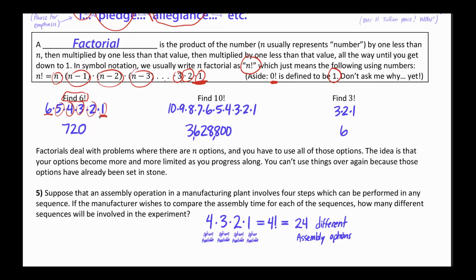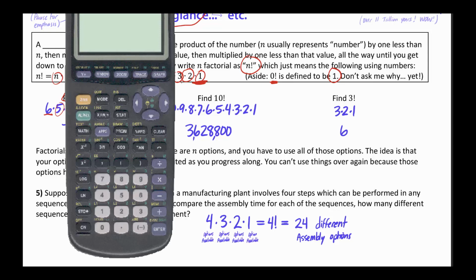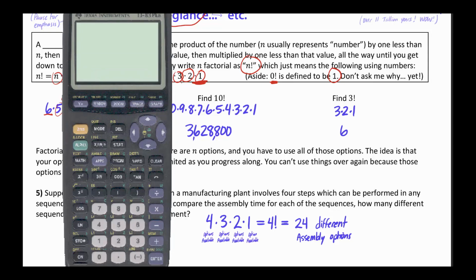So we always end with 1. 6 times 5 times 4 times 3 times 2 times 1 is 720. 10 factorial: 10 times 9 times 8 times 7 times 6 times 5 times 4 times 3 times 2 times 1 is 3,628,800. And then 3 factorial at the end: 3 times 2 times 1. That's just 6.